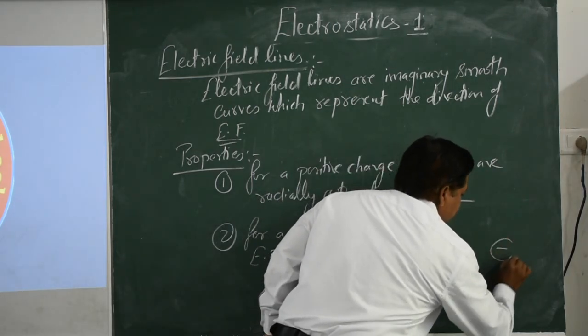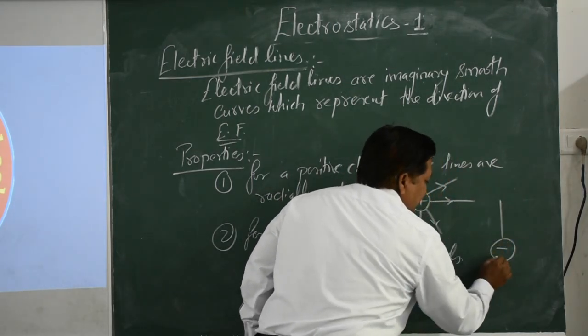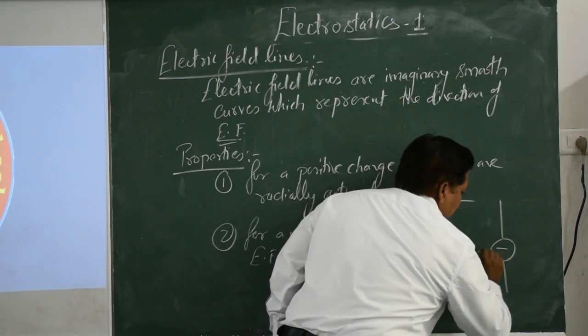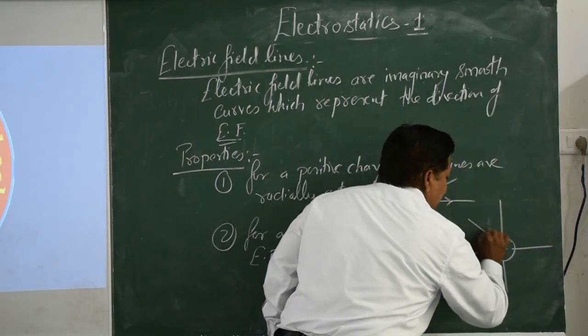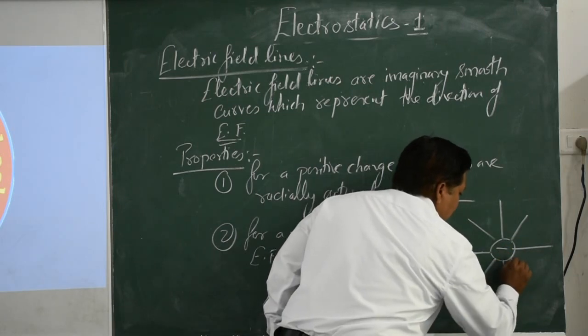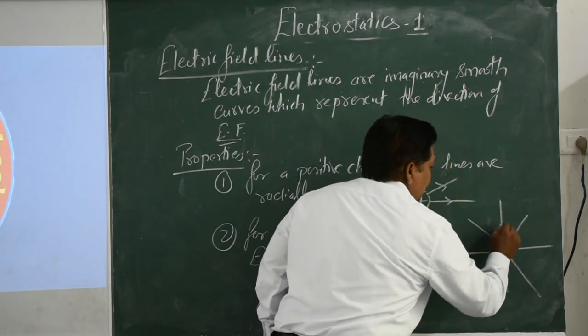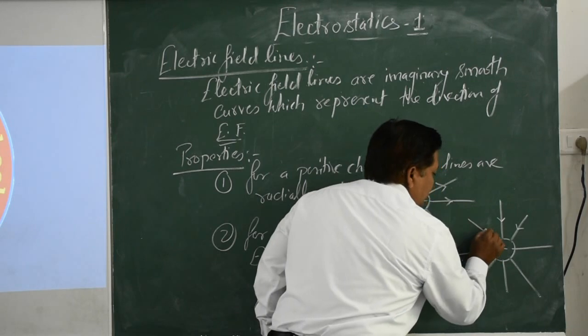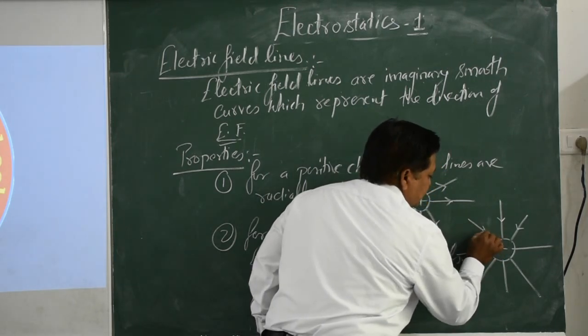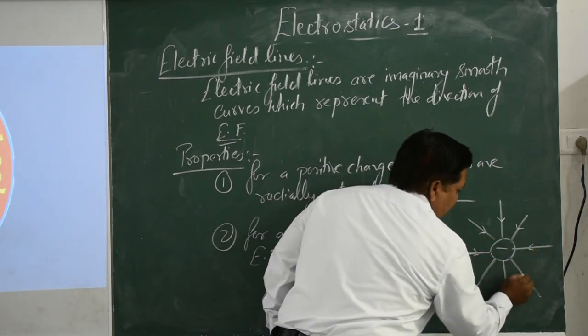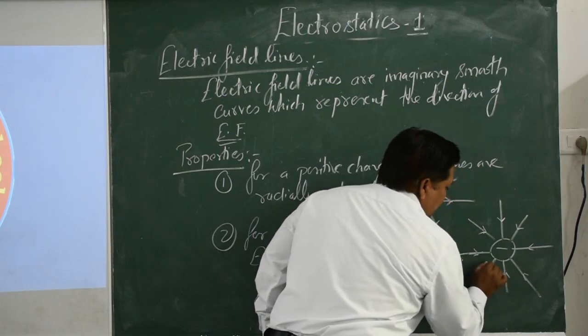If negative charge is here, we can consider that these are electric field lines, and by arrow symbol we can show that they are radially inwards, moving into the negative charge.